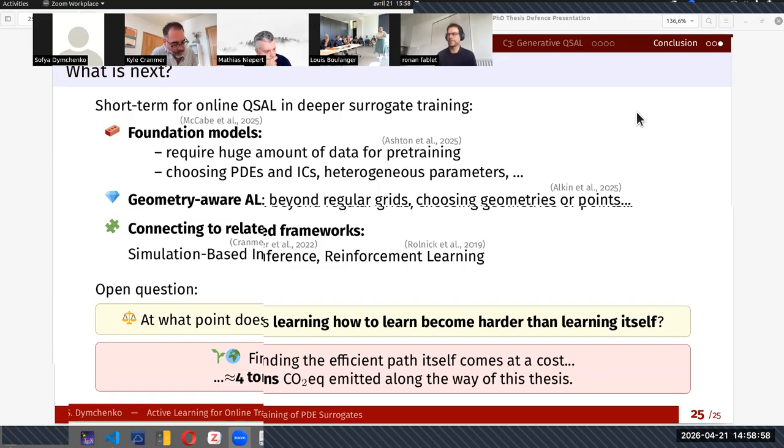Okay, thank you for the questions. So the first one, about the theoretical guarantees and optimality. There are some theoretical guarantees for active learning in much simpler tasks. For example, there is a recent work about how active sampling is more optimal for neural operators for linear systems.